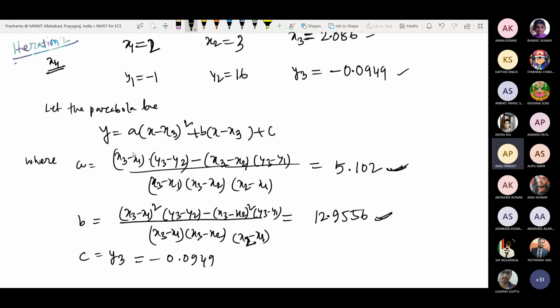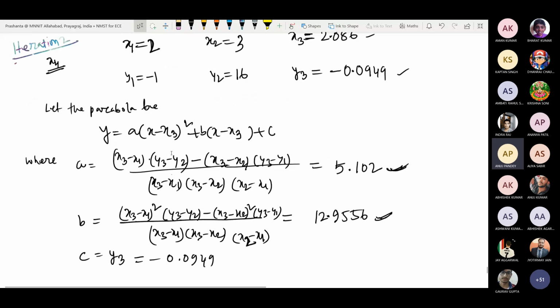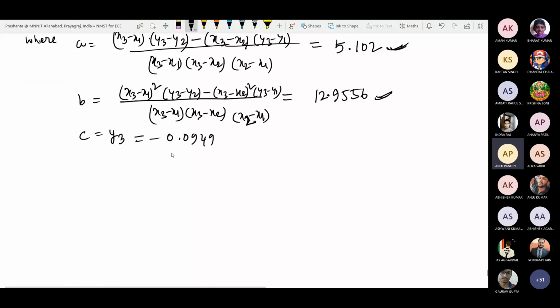Okay. So once you have a, b and c, the next approximate root will be what? x4. So what will be x4? x4 will be x3 plus 2c by minus b plus minus root over b square minus 4ac.